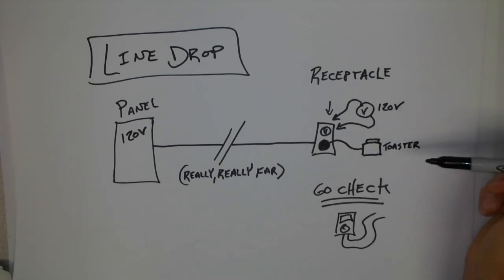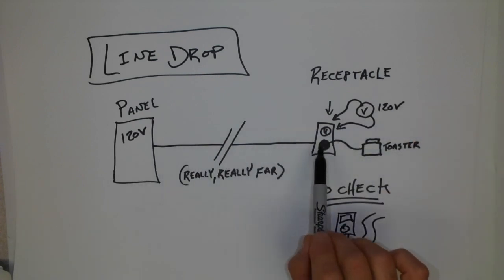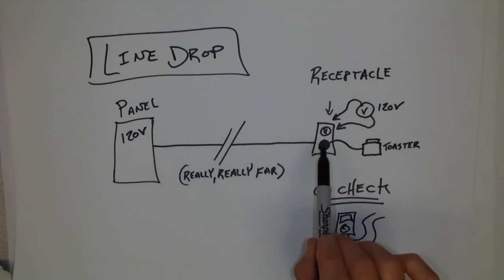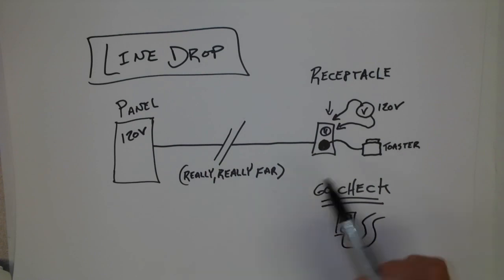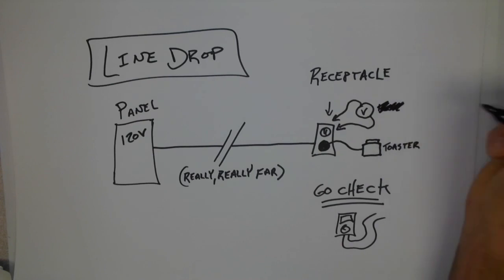You would have to put a toaster or some sort of load onto the receptacle, thereby drawing current through the conductors. And when you do that, the voltage at the receptacle would change, and that would change because of the line drop. And because of that, you would get the actual voltage with the line drop, right? You would have to have a load on there.